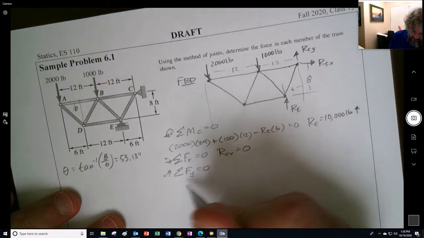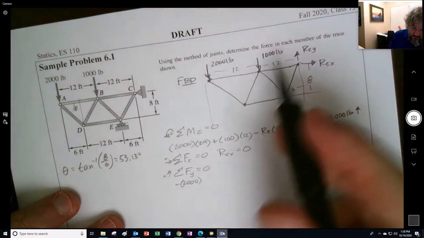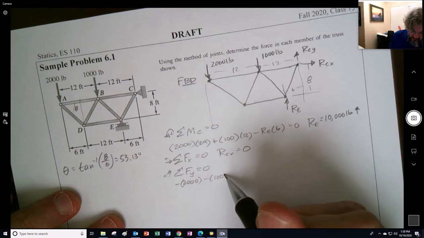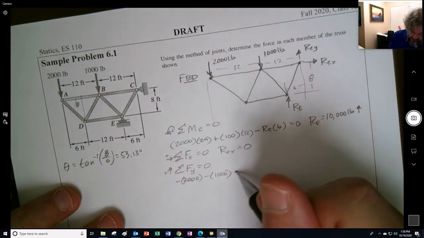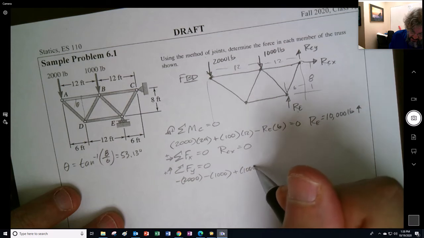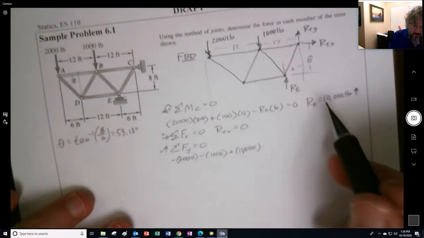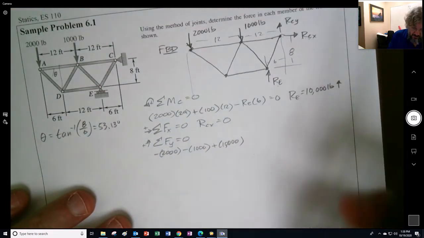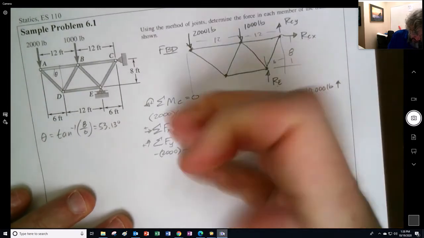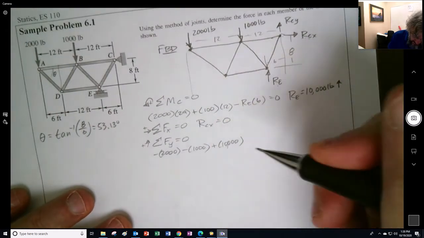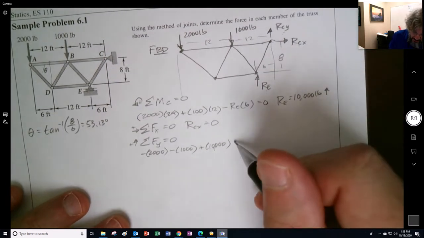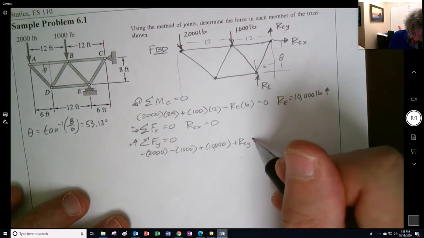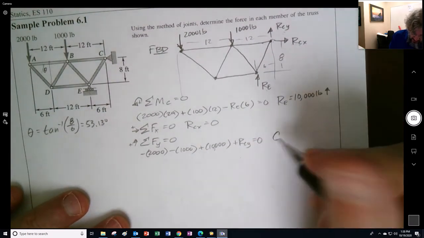And we have a negative 2,000 downwards, negative 1,000 downwards, and then 10,000 upwards. And then we have RCY coming upwards, and we could already see that we're going to get a negative RCY.